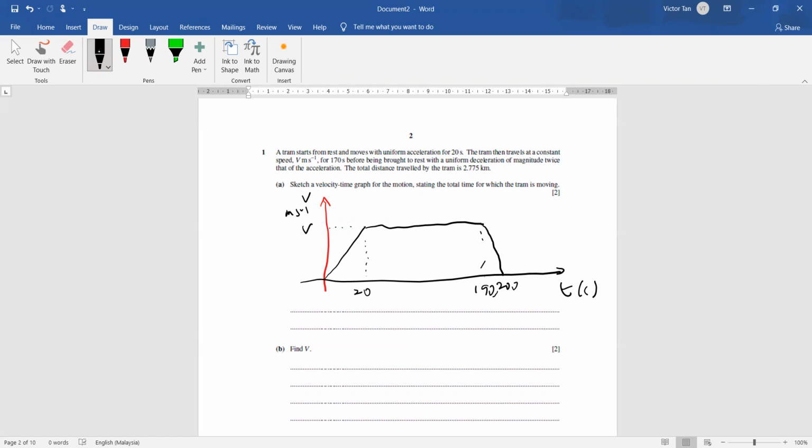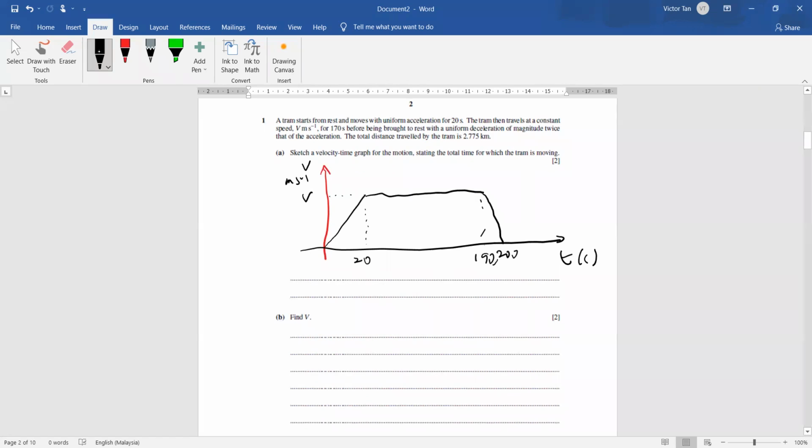Okay, find V. So the area equals 2775. V over 2, 470 plus 500, equals 2775.